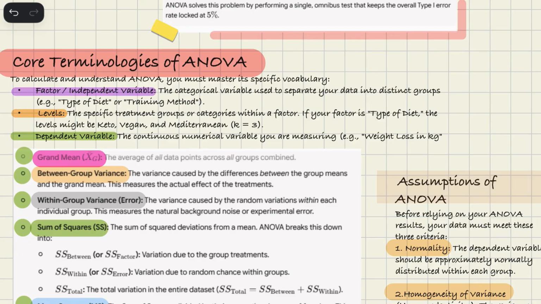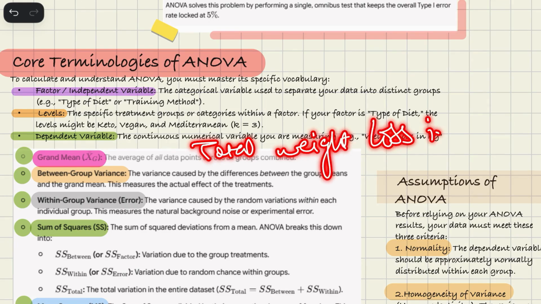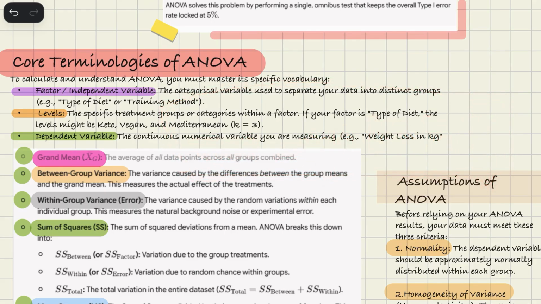The dependent variable is the continuous numerical metric you are actually measuring in your experiment. It is the outcome data. Following your diet example, your dependent variable would be something like total weight loss in kilograms.